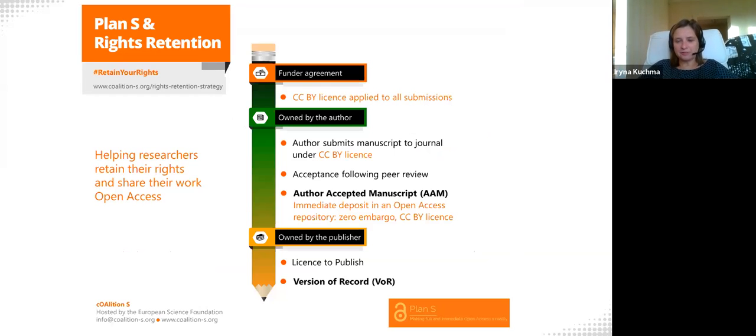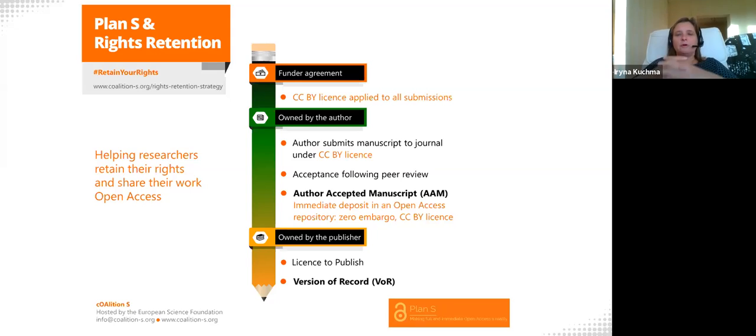Their rights retention strategy basically says that the author accepted manuscript should be immediately deposited in an open access repository with 0 embargo period and with an open license, to make it easier for machines as well to understand that it's an open version of the article.